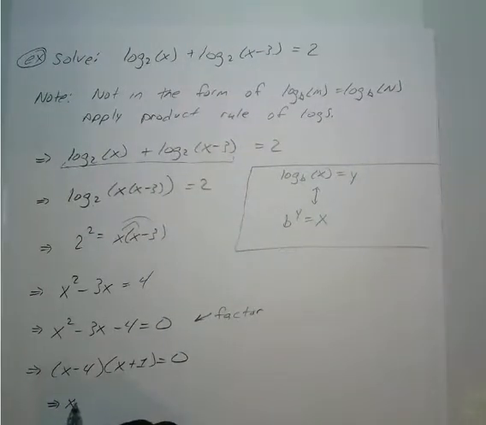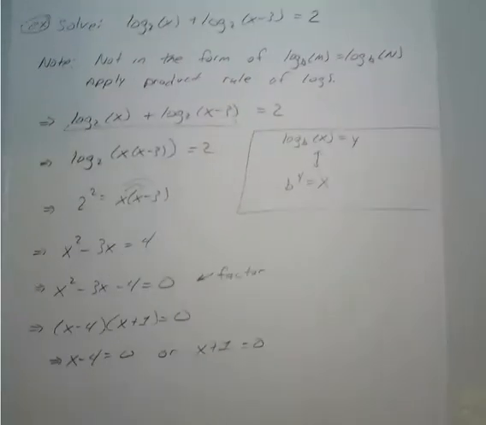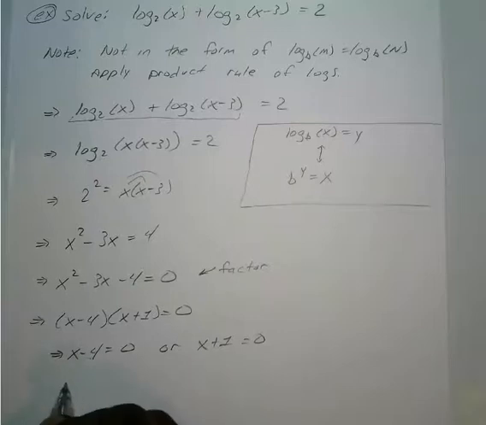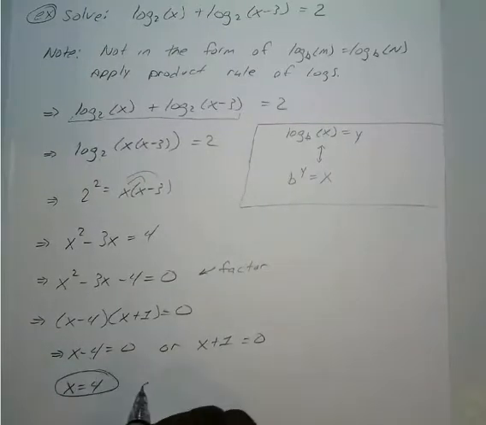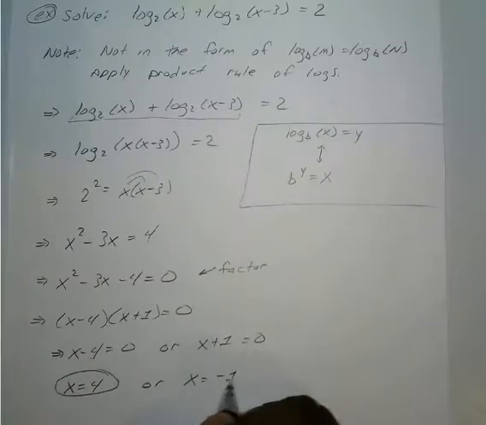Okay, so you have x minus 4 equals 0 or x plus 1 equals 0. Alright, so if we go ahead and add 4 to both sides here, you have x equals 4, or if we subtract 1 from both sides here, you have x equals negative 1.